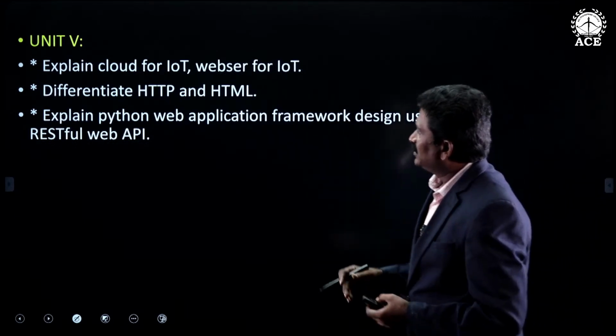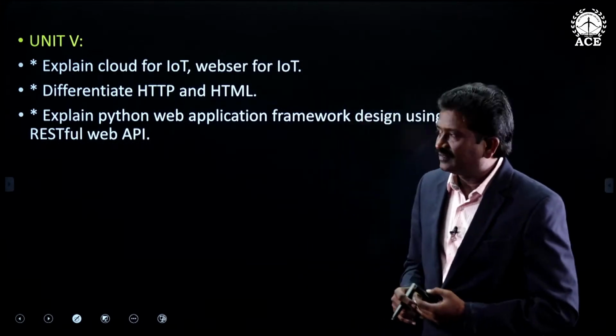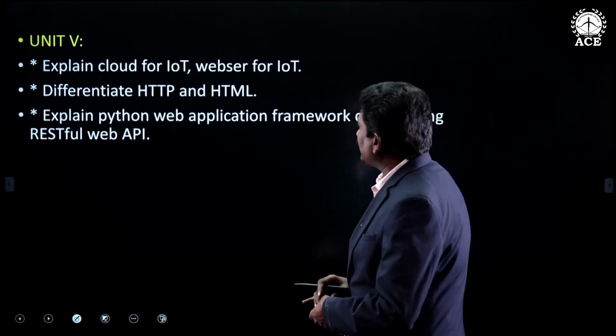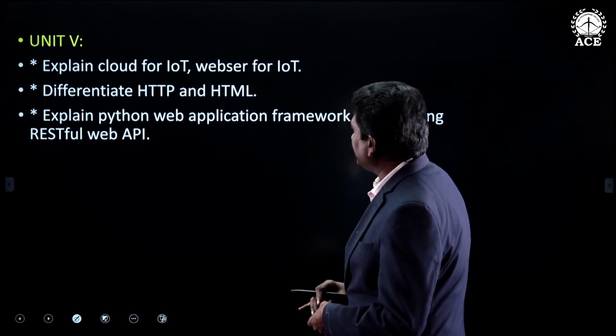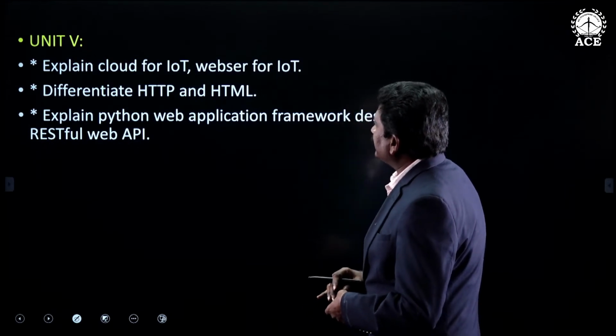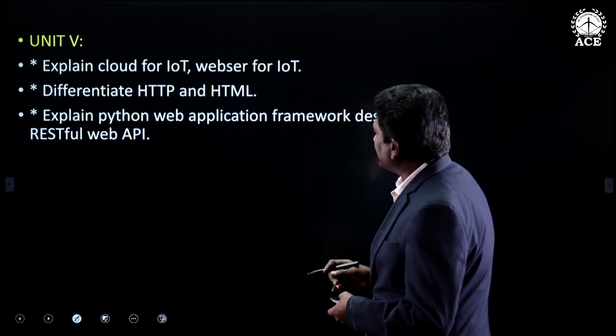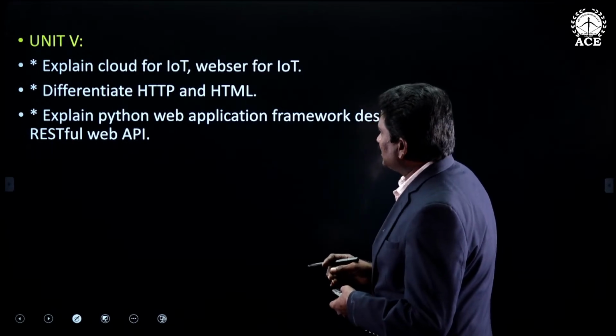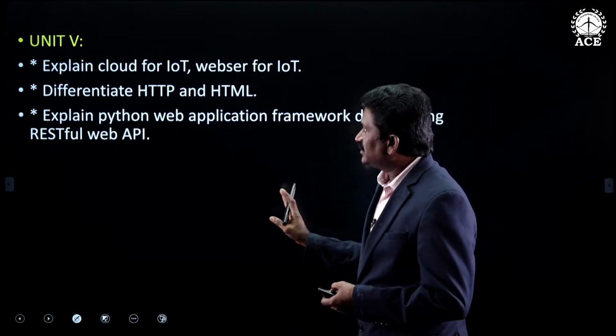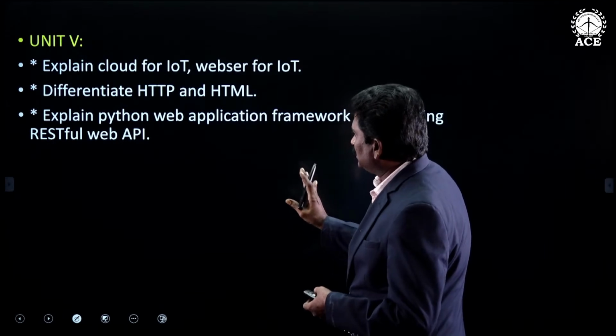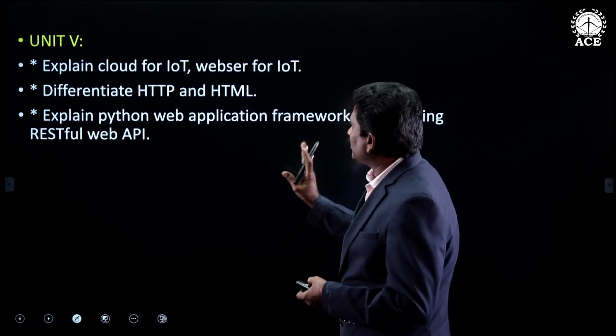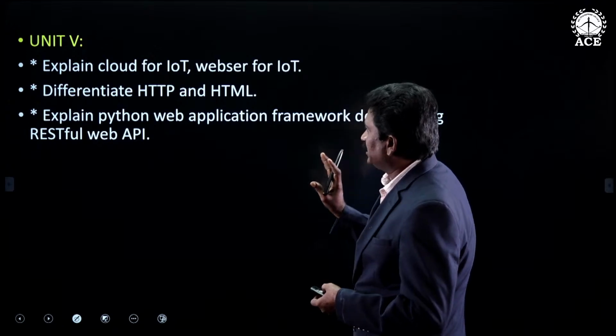Next, unit 5. Explain cloud for IoT, web server for IoT. Differentiate HTTP and HTML. In this unit we have the cloud server and web server for IoT.